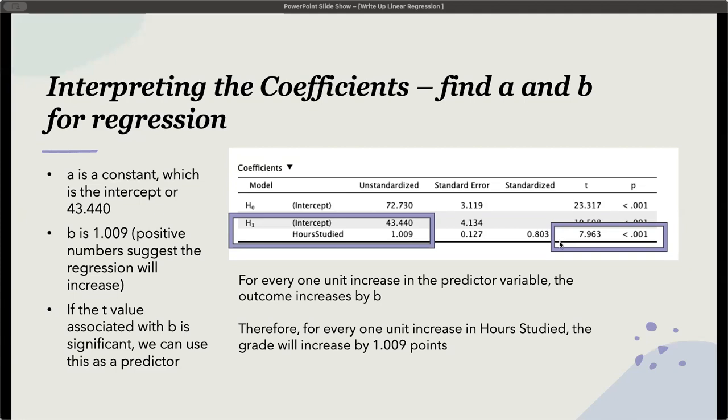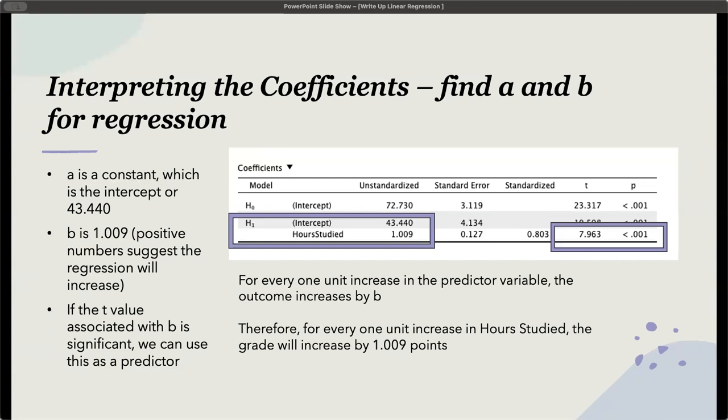Okay, so this is significant. We can continue. So now, for every 1 unit increase in the predictor variable, the outcome increases by B. Therefore, for every 1 unit increase in the hours studied, the grade will increase by 1.009 points.